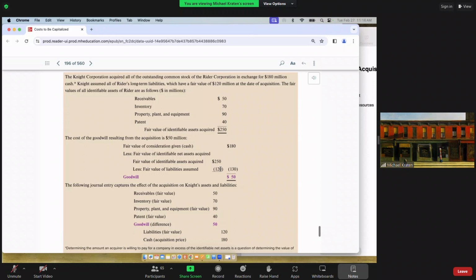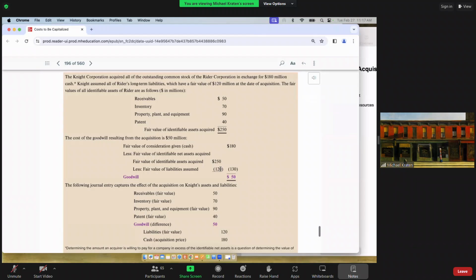And as a result, I am overpaying to keep this company out of my competitor's hands. I don't think of it as I'm buying something that's really worth 180. I think of it as I am overspending by 50 so that my competitor can't use it. Well, that would be an example of overpaying by 50 for a reason that has nothing to do with goodwill. And therefore, this illustration would not apply.